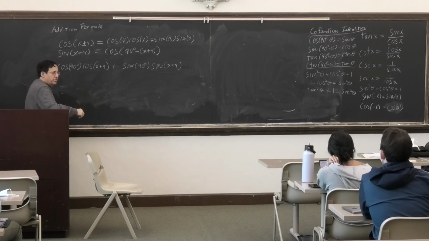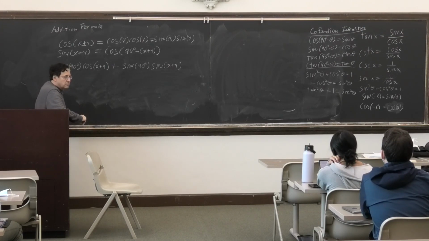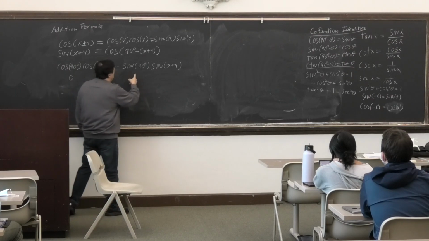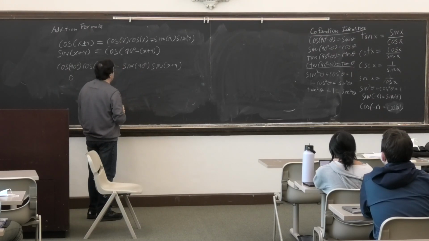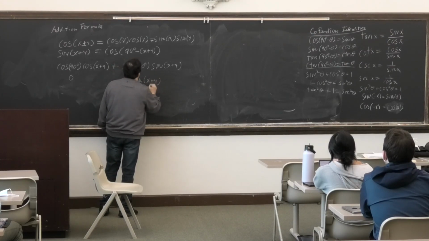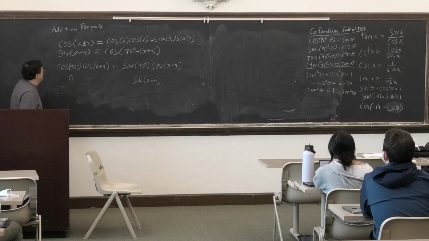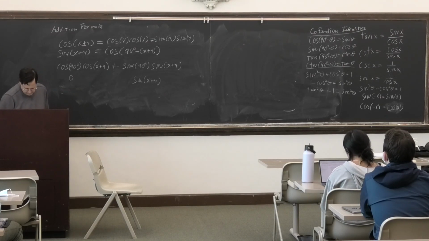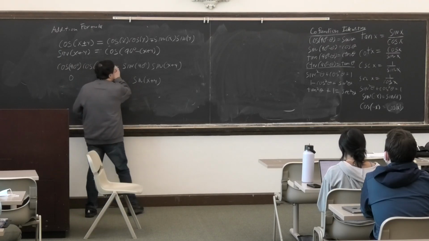Cosine of 90 degrees is zero, so we can forget this. Sine of 90 degrees is one, oh, that didn't help. We knew that. Why did I go down that path? Well, okay. Glad we got the right one out of it.